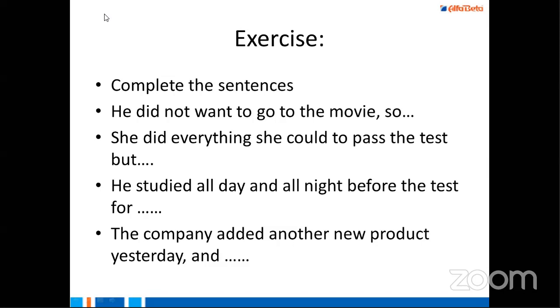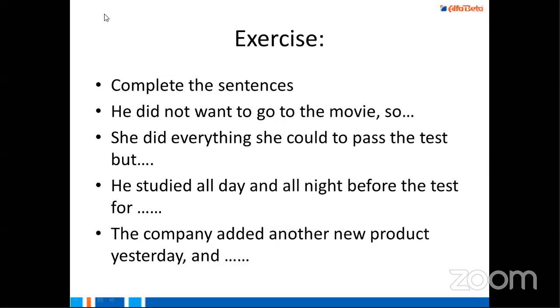Can you try the next one? She did everything she could to pass the test, but she couldn't make it. Yes, she couldn't pass the test.